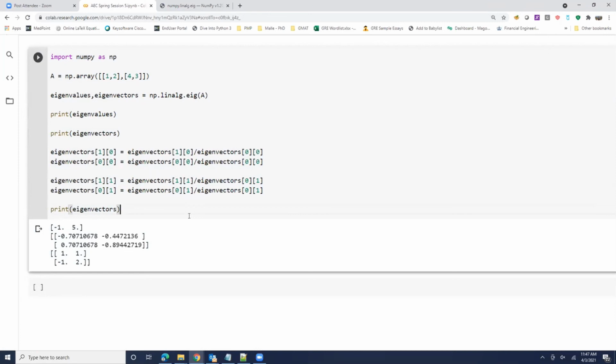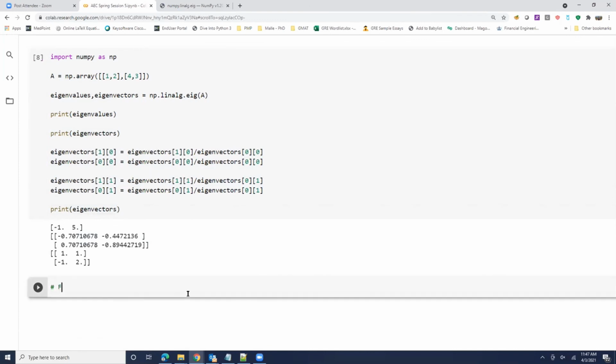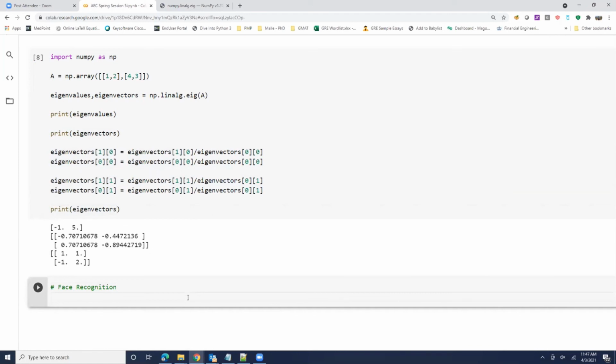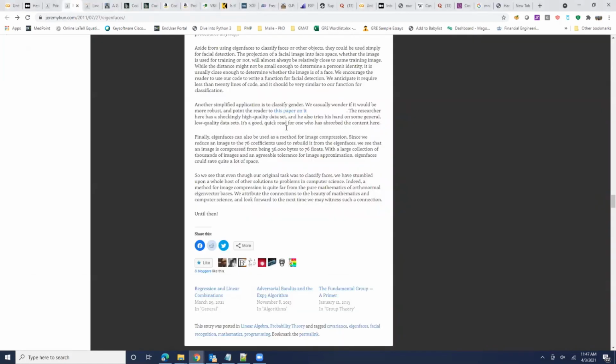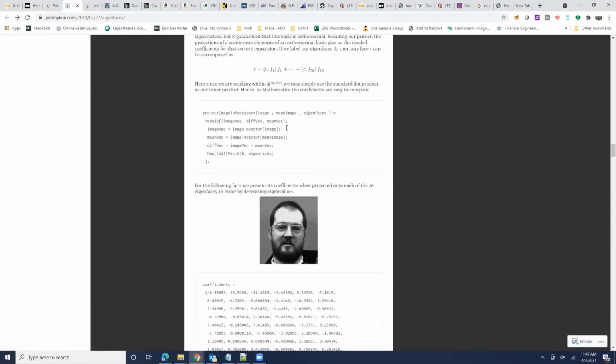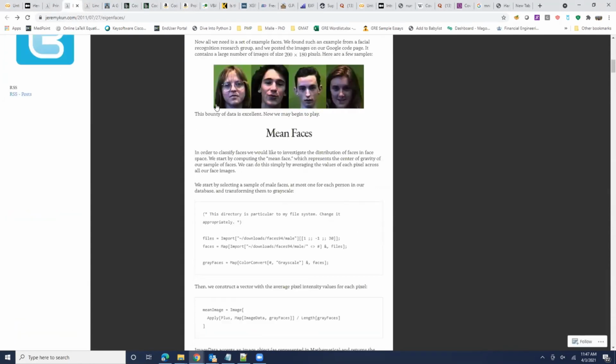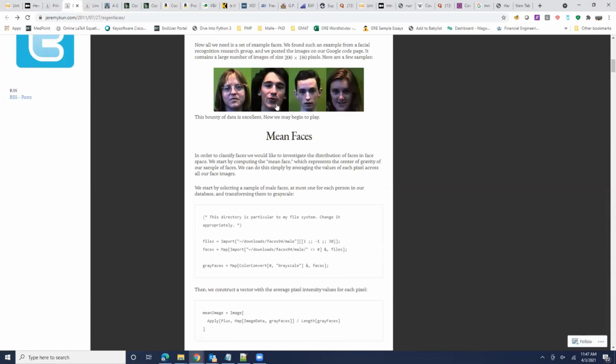Anyway, one application that I would like to discuss of eigenvectors is this thing called face recognition. This is somebody's description of face recognition. Can you see different faces on my screen here? Yeah, we can see it.